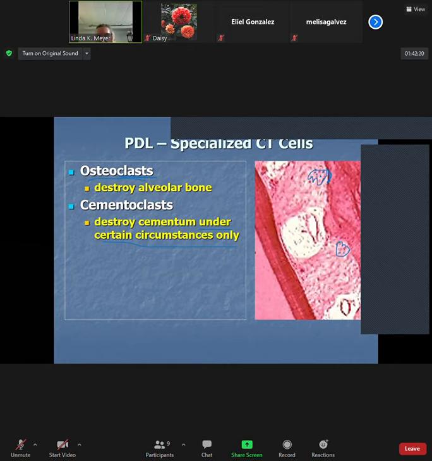So even in health, I would see osteoclastic activity. I'm not going to draw a cementoclast at the surface of the cementum because they're normally not there. And I just want to point out that cementum is more resistant to resorption. What is resorption? Resorption is simply a destruction of a mineralized tissue.